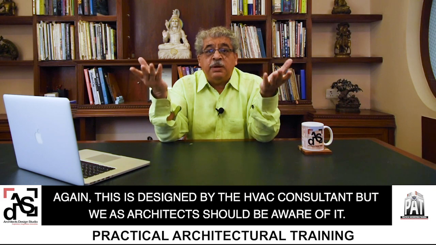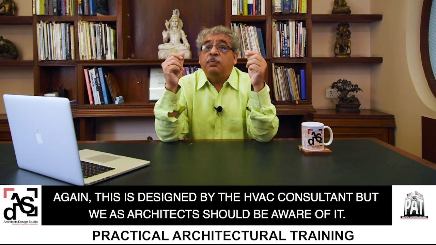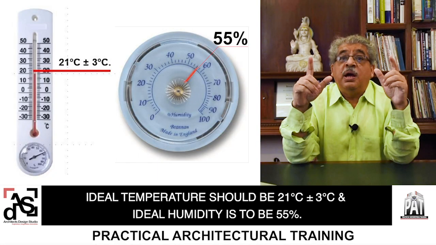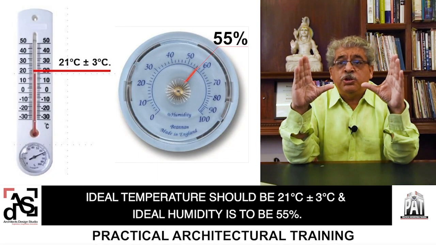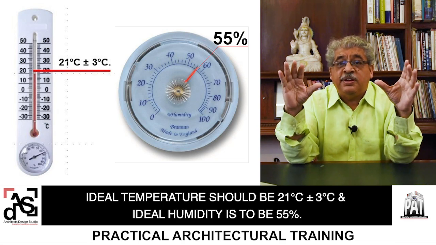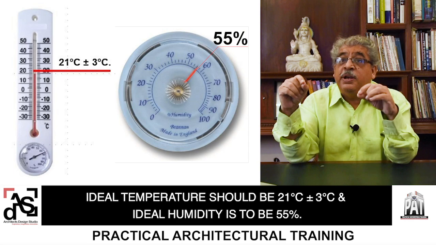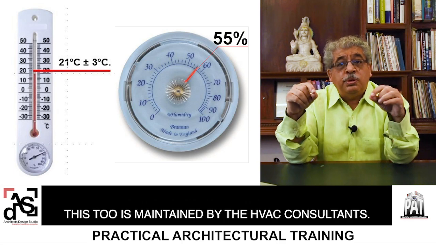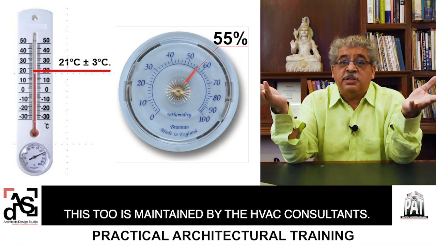Again, this is designed by the HVAC consultant, but we as architects should be aware of it. Ideal temperature should be 21 degrees centigrade plus minus 3 degrees centigrade, and ideal humidity is to be 55%. This too is maintained by the HVAC consultants.